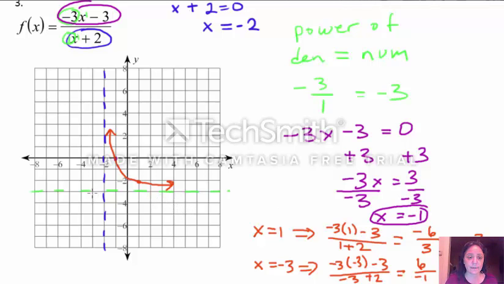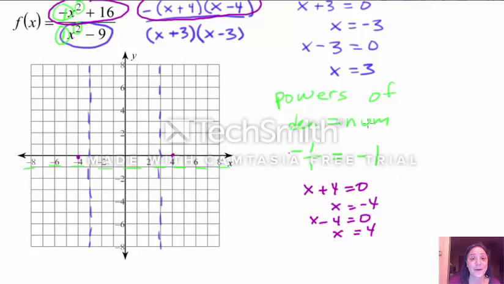So we find (negative 3, negative 6), and we expect that to be here. Feel pretty confident now mirroring this. We are down 1, down 3, so right here. And we're approaching our asymptotes, so we're going to sketch our curve like this. One more problem to go. Last problem here. Let's get this graph sketched.